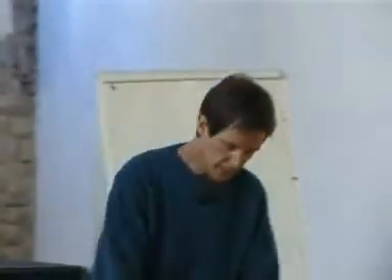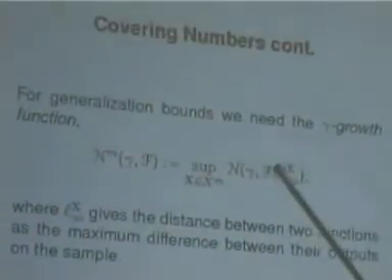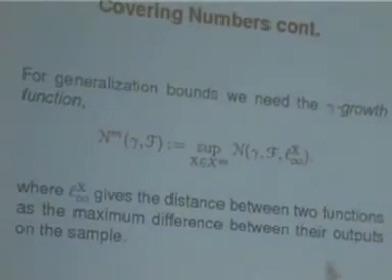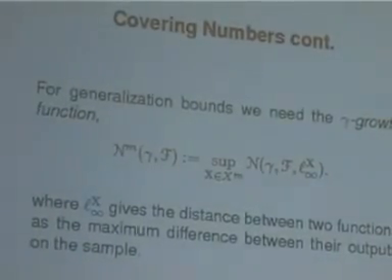Okay, so that's the general definition. We're actually interested in this following gamma growth function, where we've now substituted a particular metric here. This is the covering number, and we've got a particular metric which is the L infinity metric on the sample. What we mean here is that we look at what the functions do on the training points.